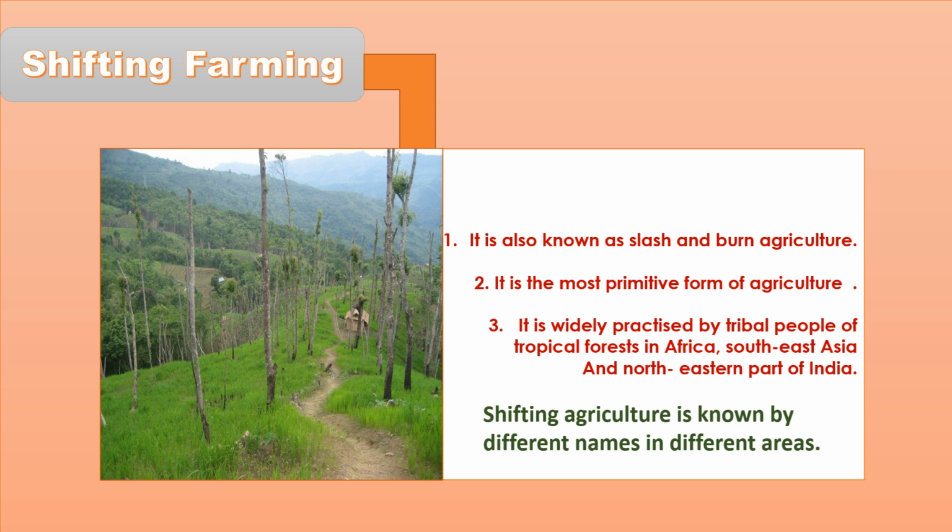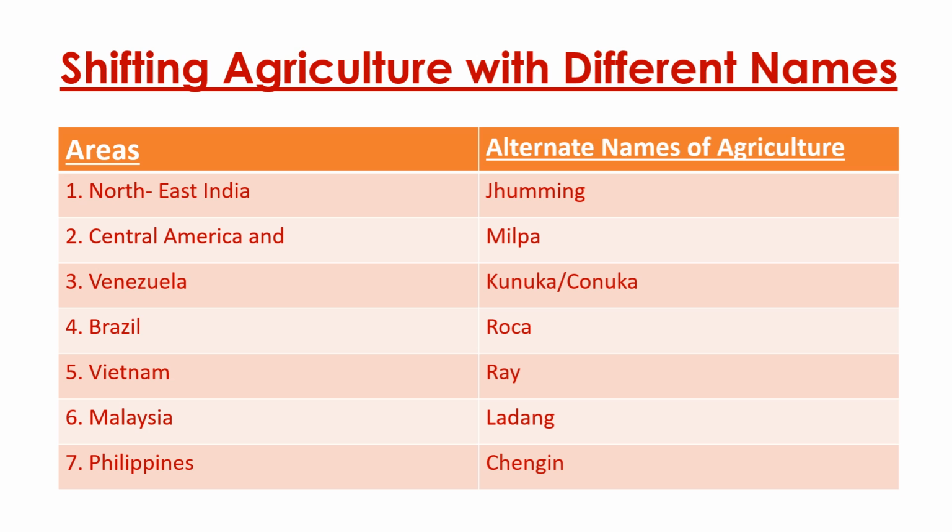So, basically, it is practiced by the tribal people of different places. Now, shifting agriculture is commonly known by different names in different areas. Those names are here on the screen. You can have a look or take a screenshot.